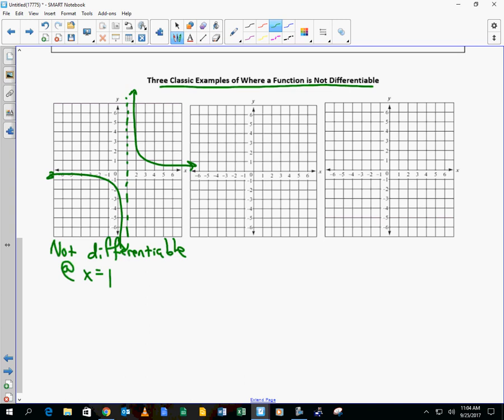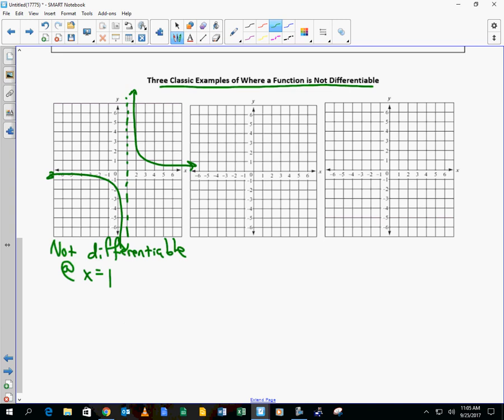Anybody want to guess why it's not differentiable at x equals 1? What's undefined? Differentiable means I can take the derivative.